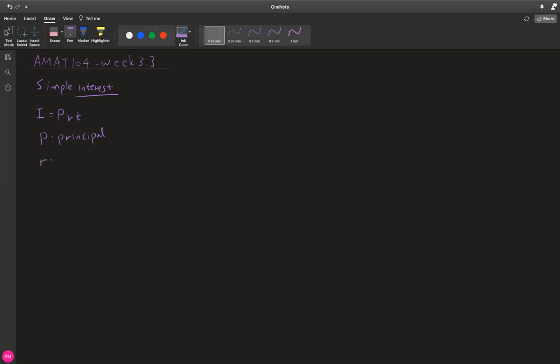And R, in this case, APR, is the annual percentage rate in decimal. And lastly, the T here is the time in years.